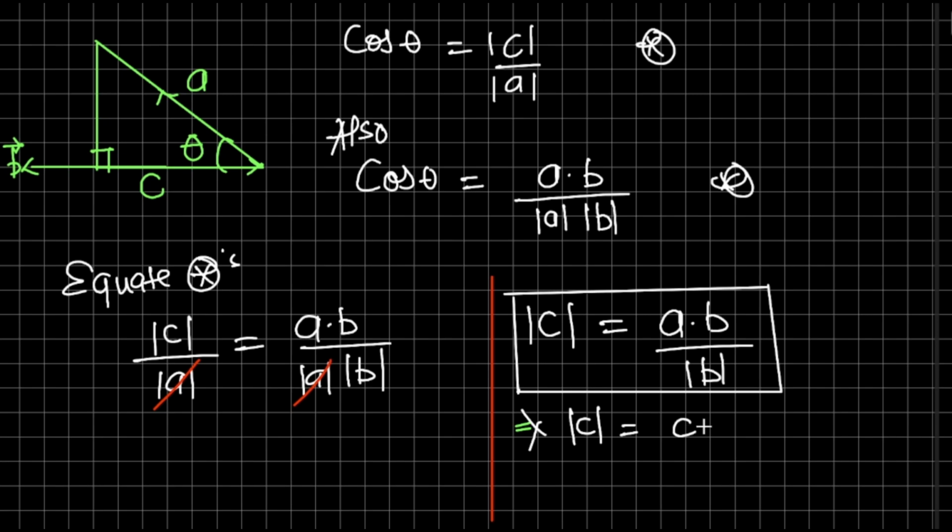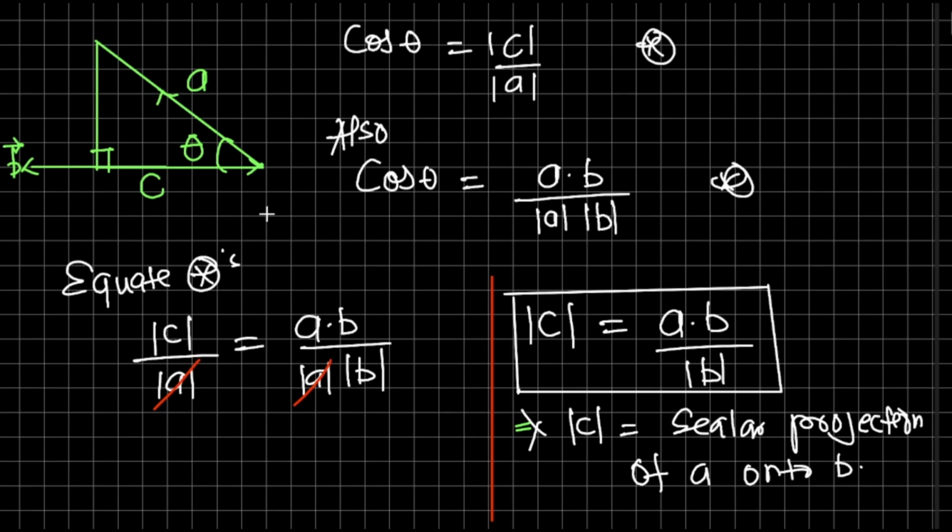So C is equal to the scalar projection of A onto B. So that's the computation, that's the value. All you need to know is this formula.